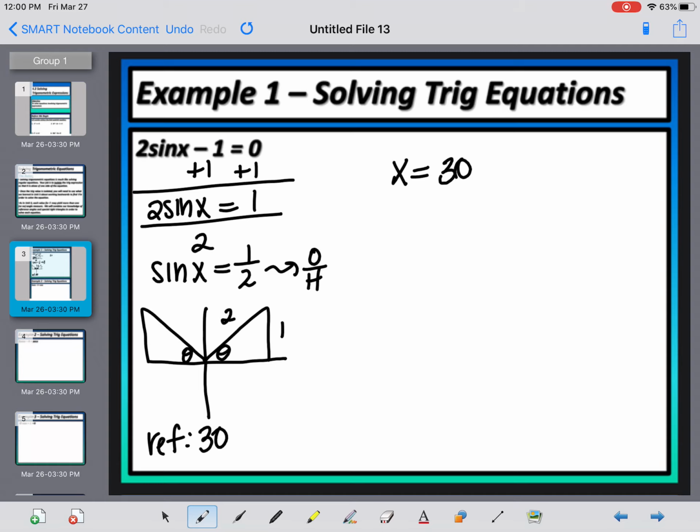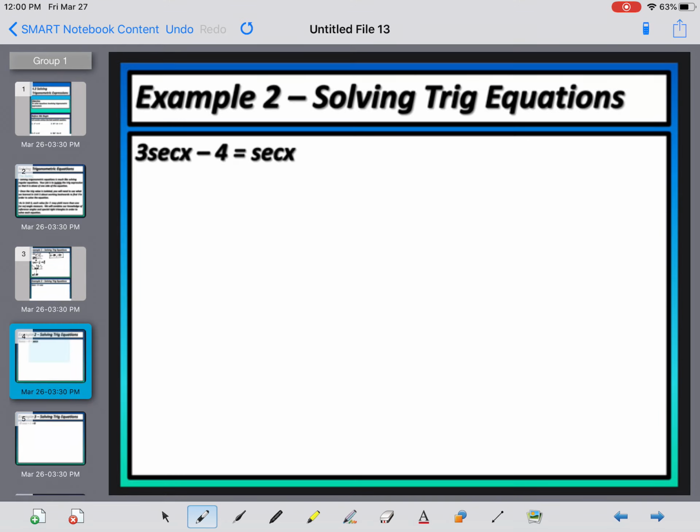Okay, so x can be 30, and x could be 150. So when we do these problems, we're only looking for the angles that are in between 0 and 360. Okay, so we do not have to write the solutions. So 30 and 150 are fine.